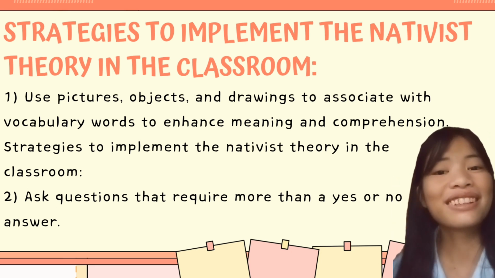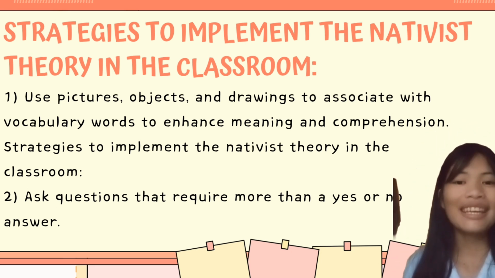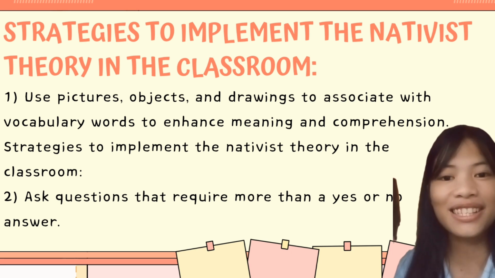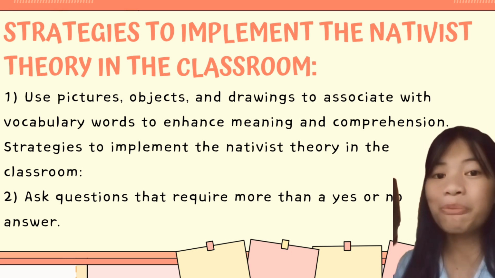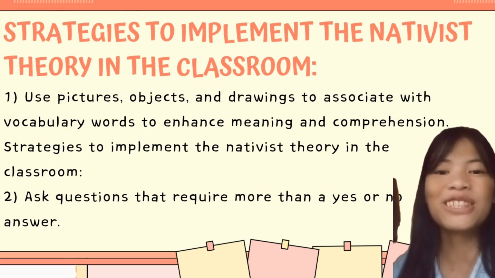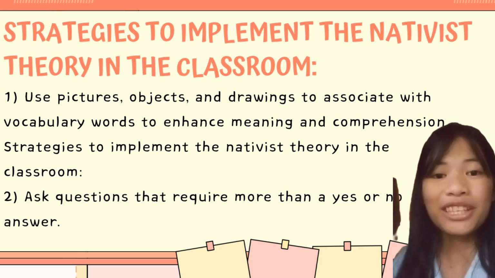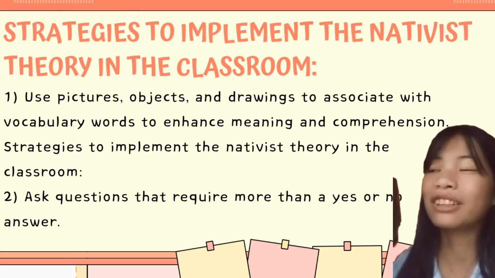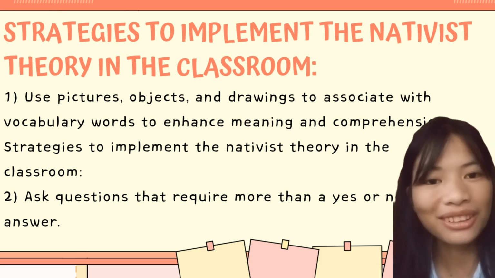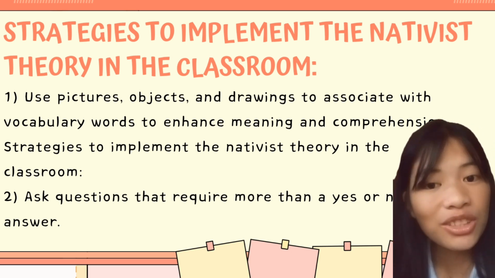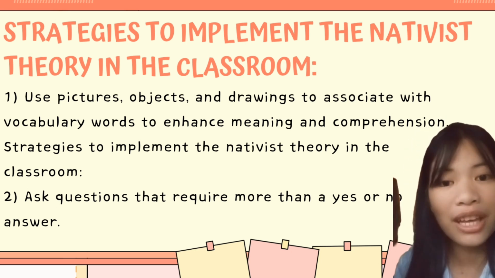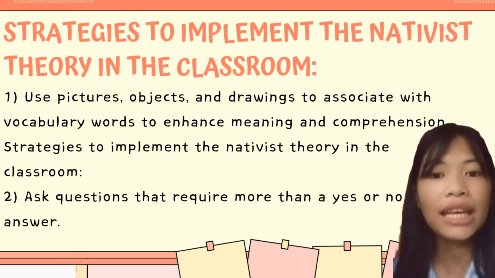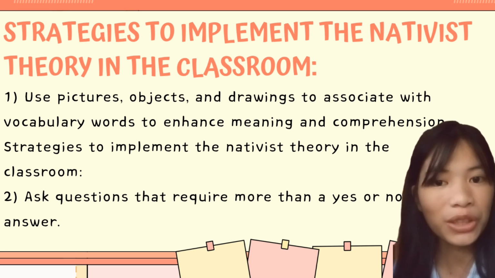To help kids learn language naturally, like the nativist theory says, use lots of pictures and real things to show word meanings. For example, showing a real apple while teaching the word apple. We talk to them a lot, read to them, and let them play with words through games and stories.